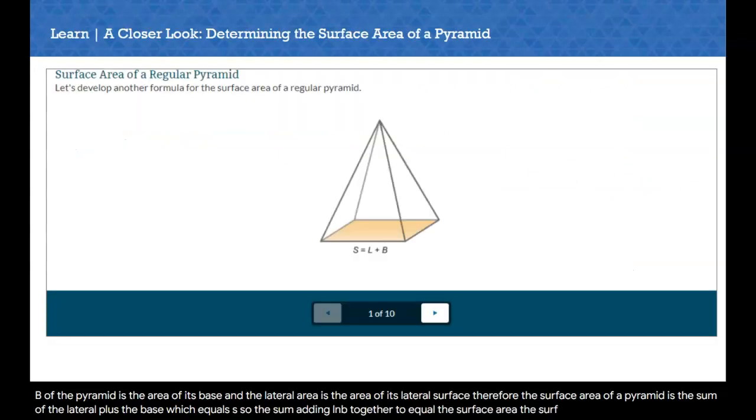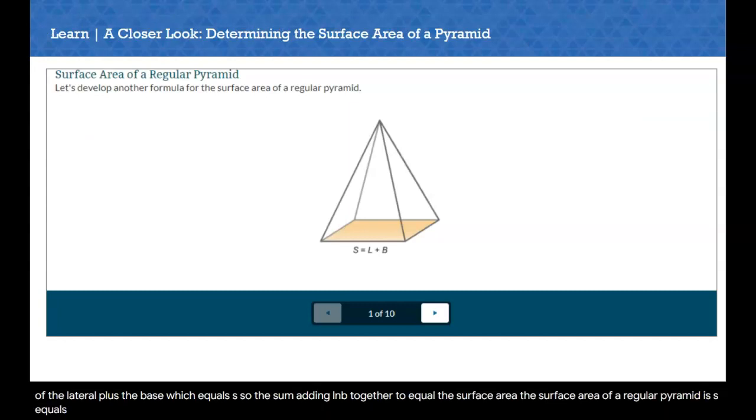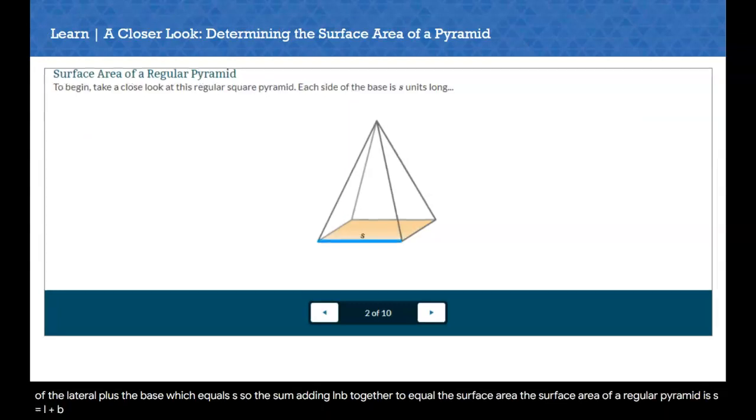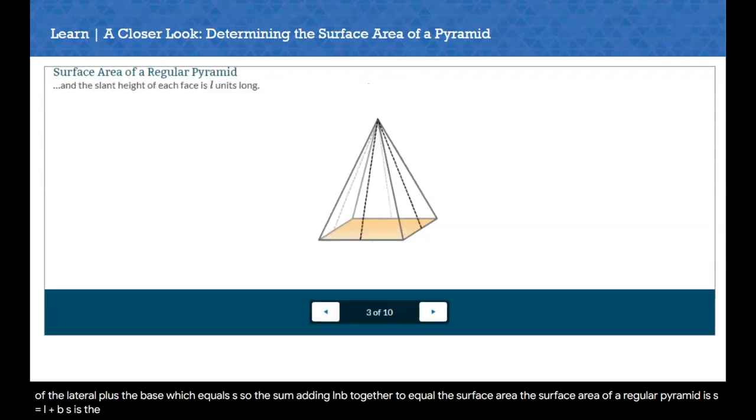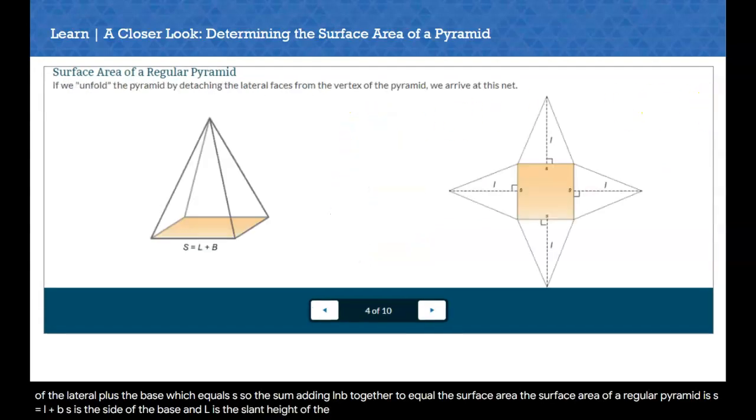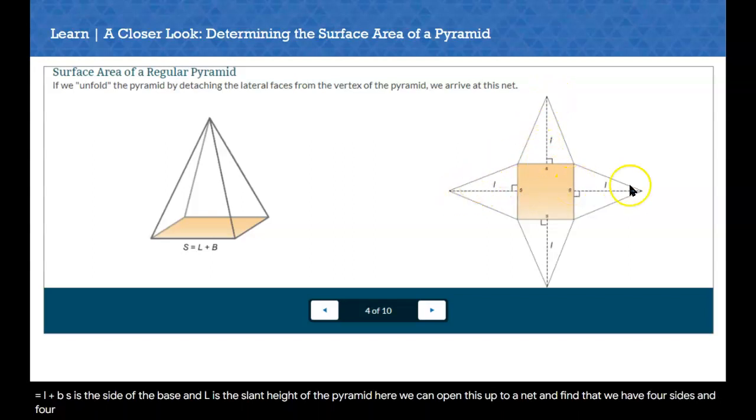The surface area of a regular pyramid is S equals L plus B. Here S is the side of the base, and L is the slant height of the pyramid. Here we can open this up to a net and find that we have 4 sides and 4 lateral slants.